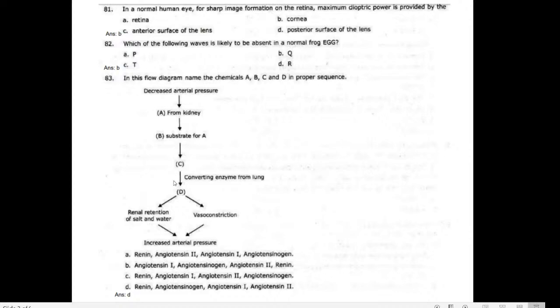We all know our system is the circulatory system. If we want to increase arterial pressure in the heart and the system, we want to follow a sequential process. This sequential process helps you to understand the overall human system.